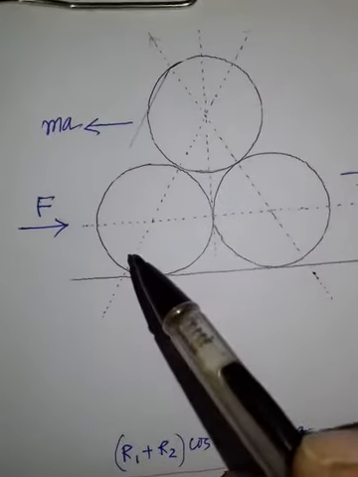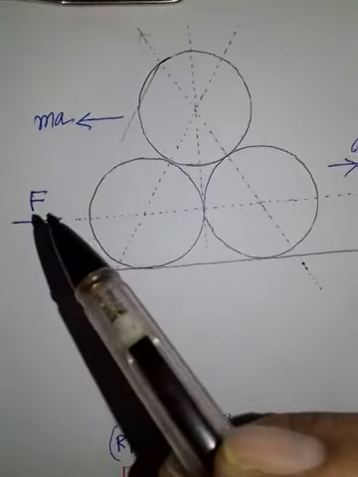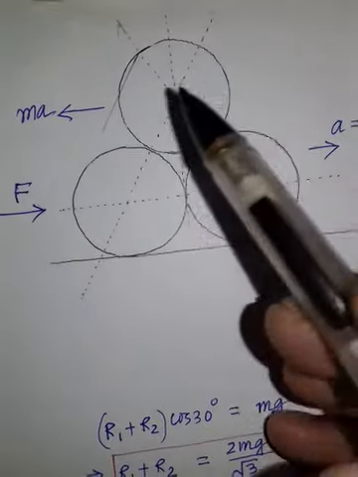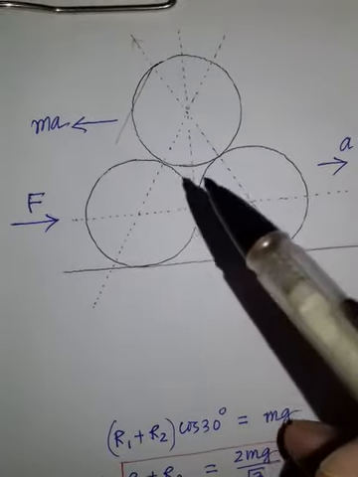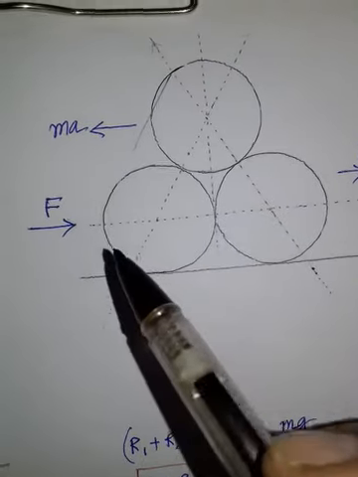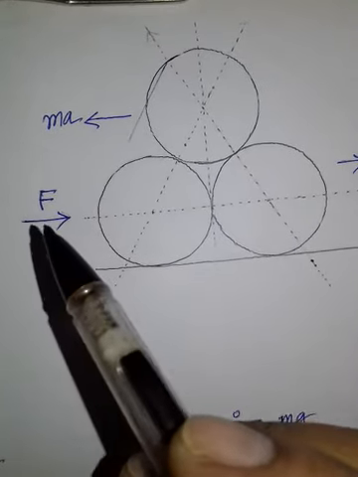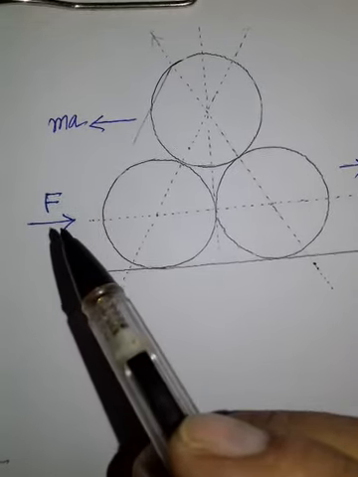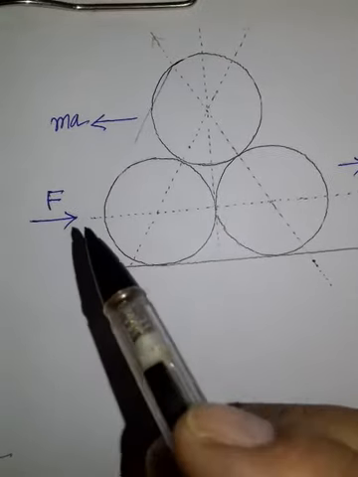We have to find out the range of this horizontal force so that these three cylinders will remain in contact. Now, what will happen if we gradually increase this force from the value 0?